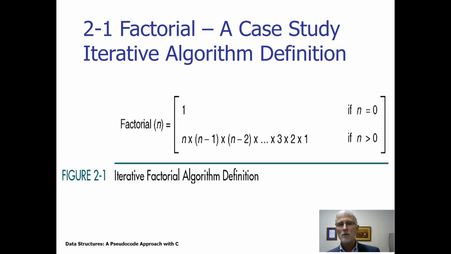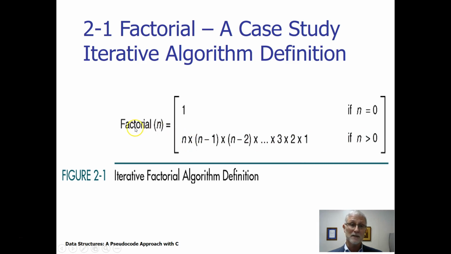So here's how, in the textbook, we're going to define algorithms. In this case, I'm looking at a factorial, and you have two different parts to this. This part here is called the base case. It actually has a solution, and then the remainder is the rest of the algorithm.